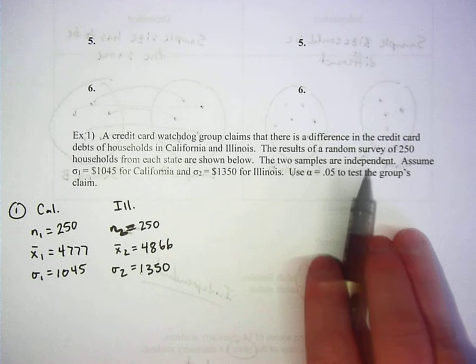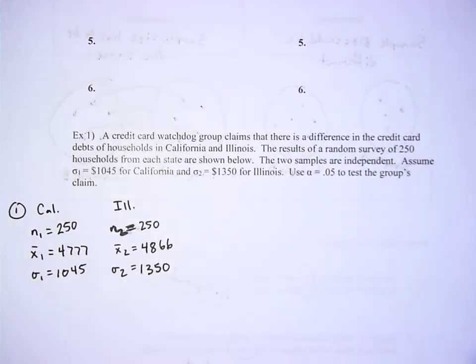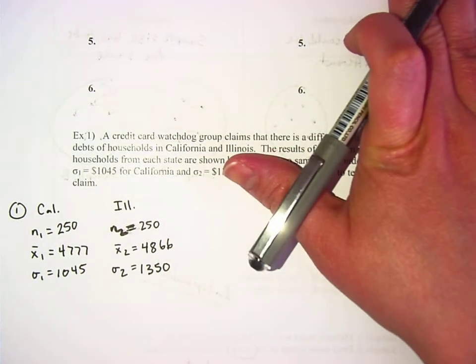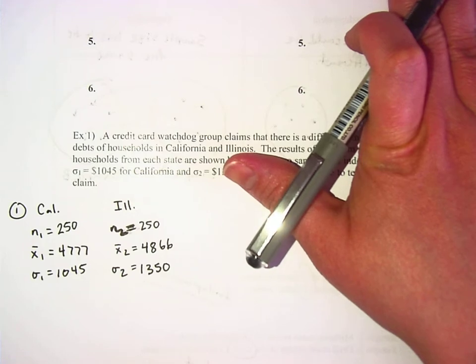This problem literally says the two samples are independent, so that's helpful. And clearly n is bigger than 30, so we're good there. So step 1 is also a nice time to set up all your data that you're going to use. All right, step 2.